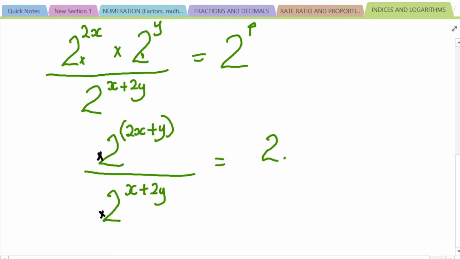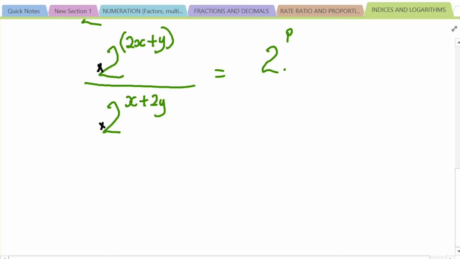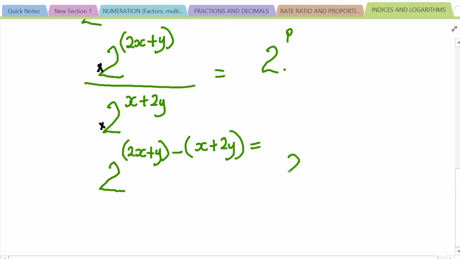Remember, this is 2 to the power p. So we continue like that. We put the 2, and then we say this is 2x plus y minus the bottom power, which is x plus 2y, is going to give us 2 to the power p.